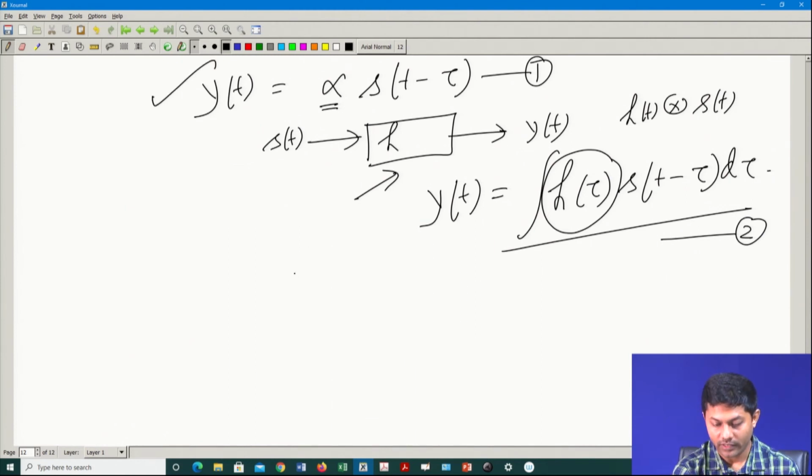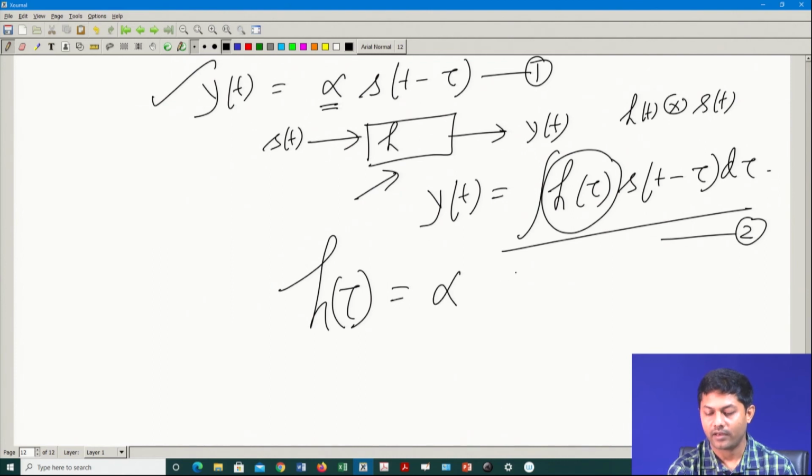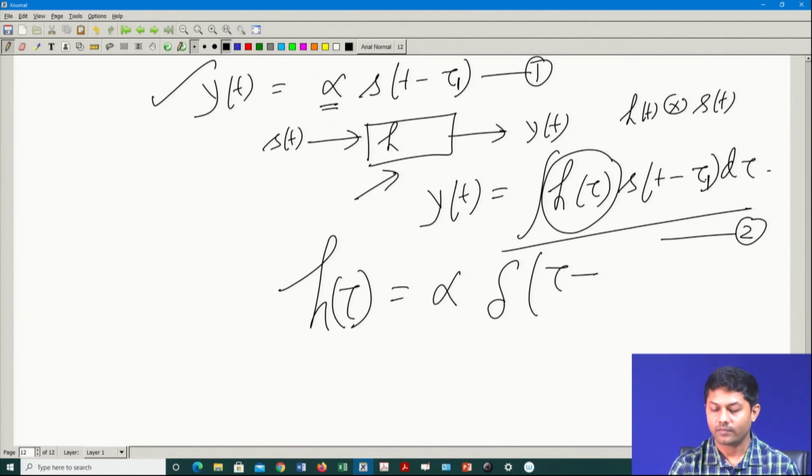If you think carefully, it is nothing but h(tau), can I say it is alpha delta(tau minus tau 1)? Probably I should use a different symbol, let us call it tau 1 for simplicity. This is how it is, right?